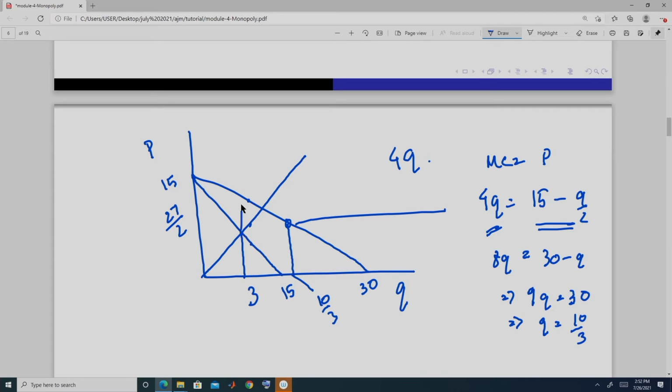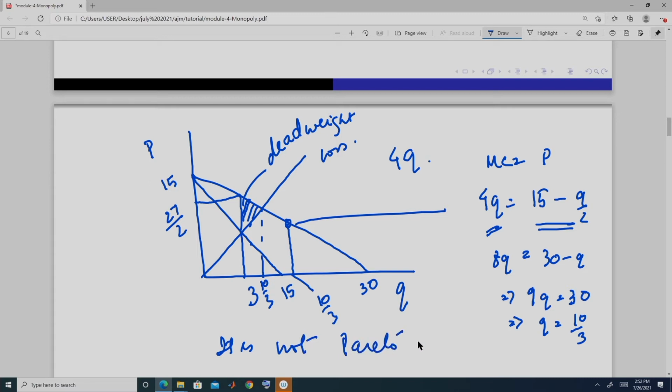Suppose this is the point 3 and this point is 27 by 2 and this is 10 by 3. So, this region is the deadweight loss. That is why it is not Pareto optimal. We get this.